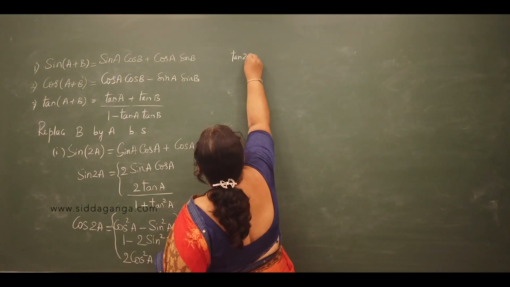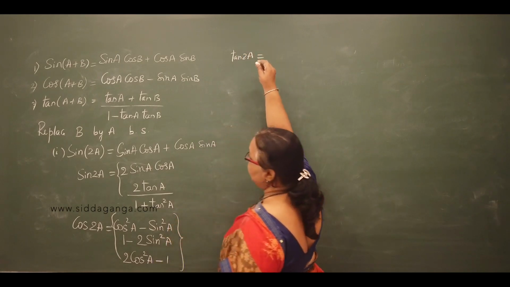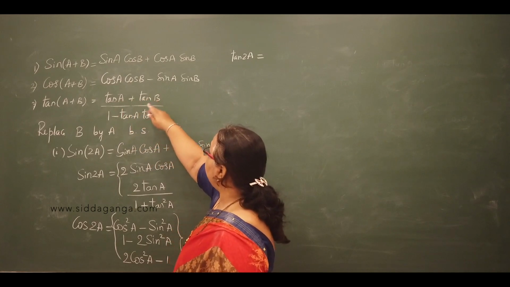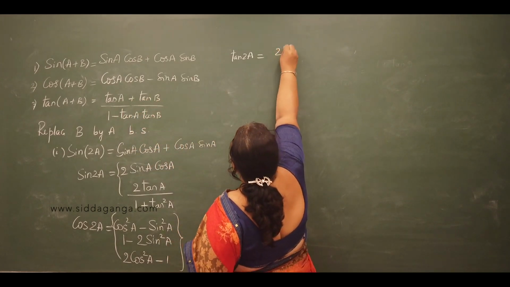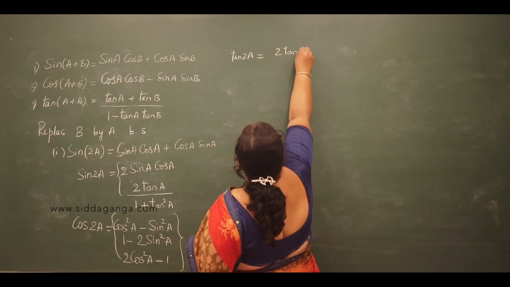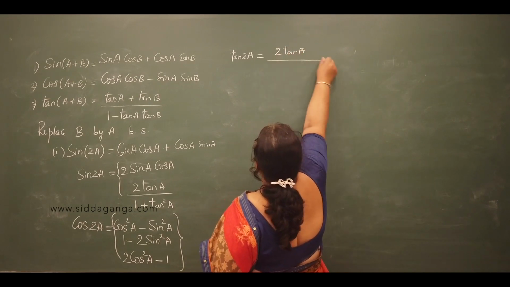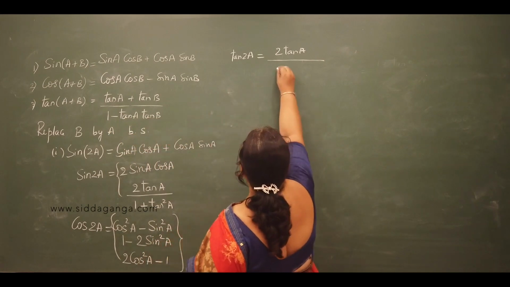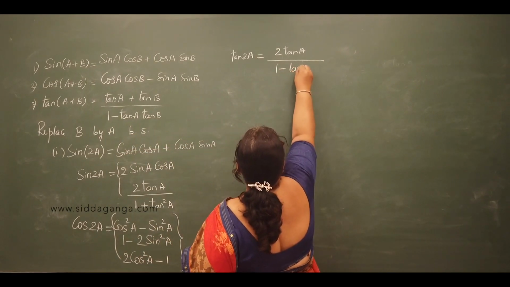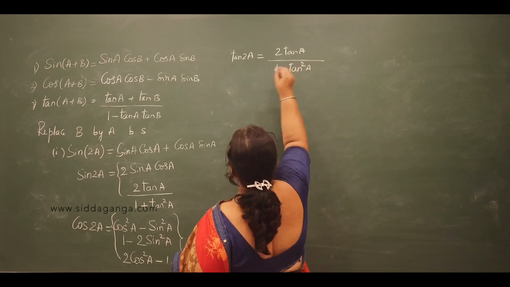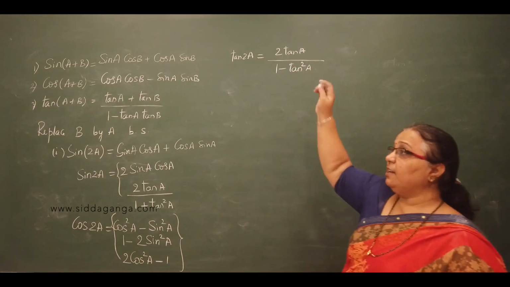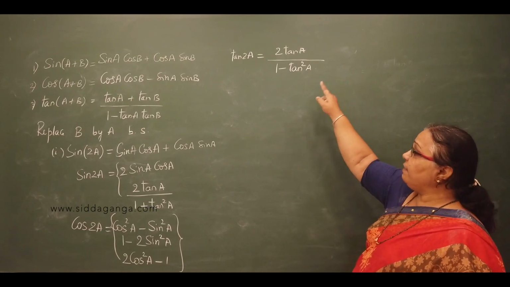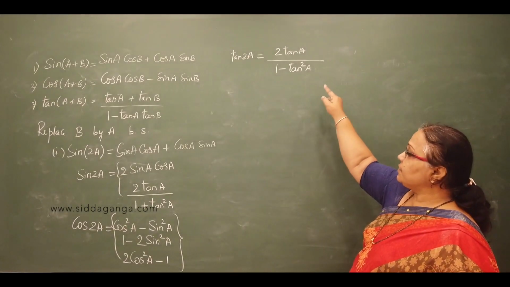That is tan 2A, equal to tan A plus tan A, which is 2 times tan A, divided by 1 minus tan A into tan A, which is tan square A. So tan 2A can be expressed as 2 times tan A divided by 1 minus tan square A.